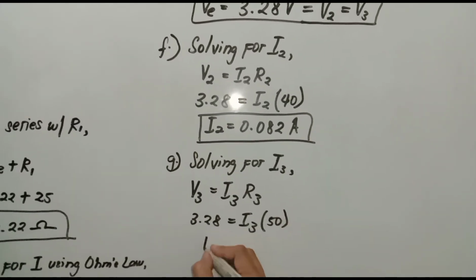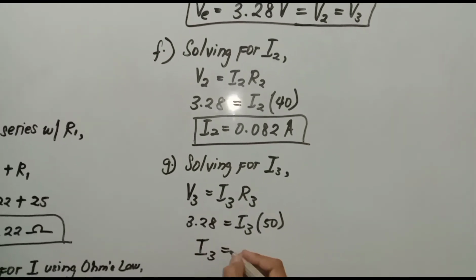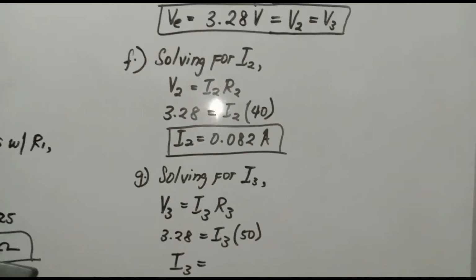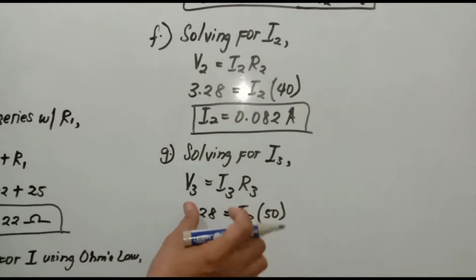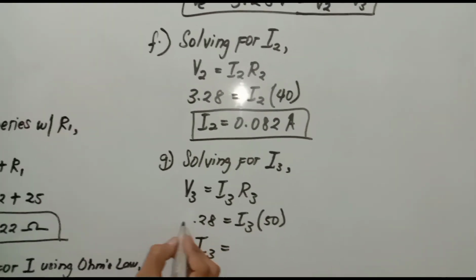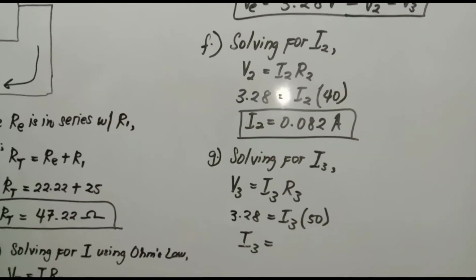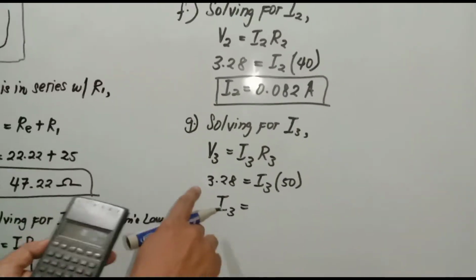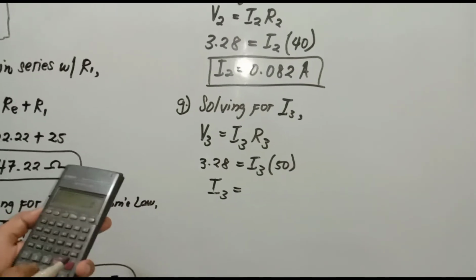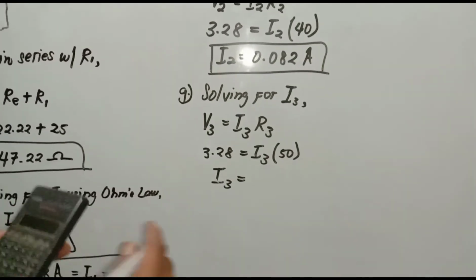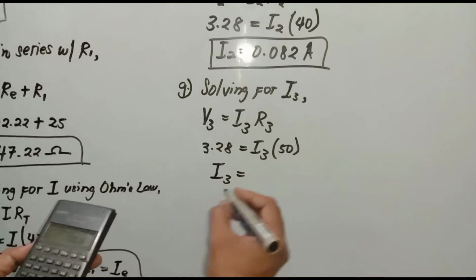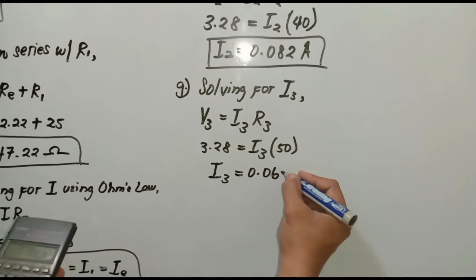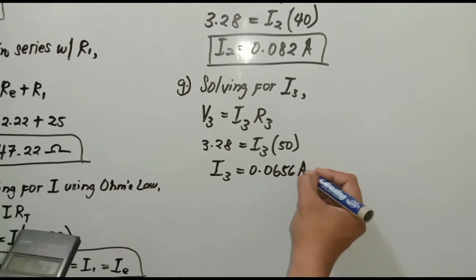So I3 is equal to 3.28 volts divided by 50. So there will be 0.0656 ampere.